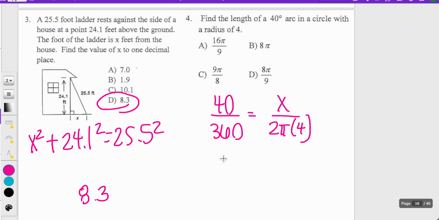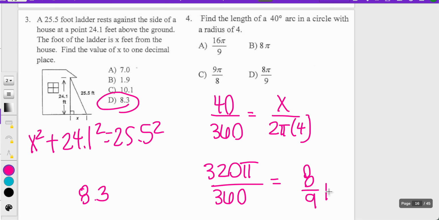So we're essentially cross-multiplying here, trying to get x by itself. So we're multiplying both sides by 2, pi, and 4. So we should get 320 pi over 360, because 2 times 4 is 8, and 8 times 40 is 320 pi. And then I'm simplifying that to 8/9 pi. So letter D.